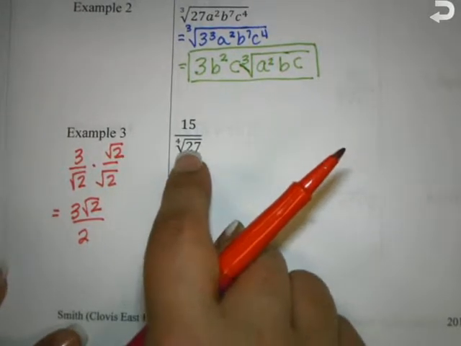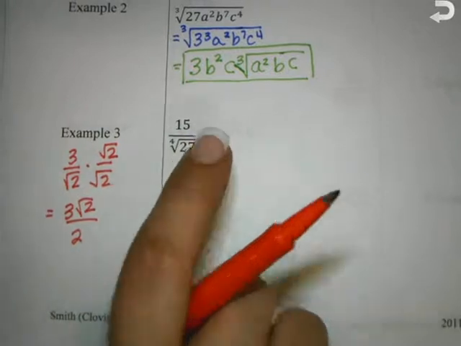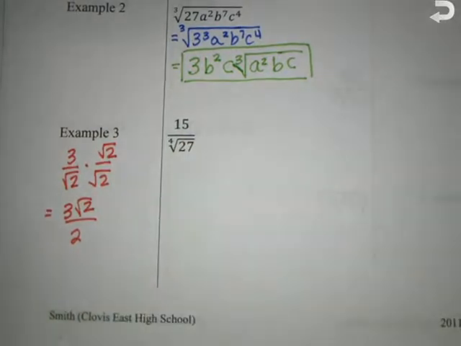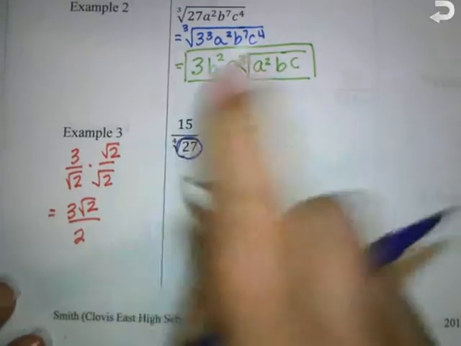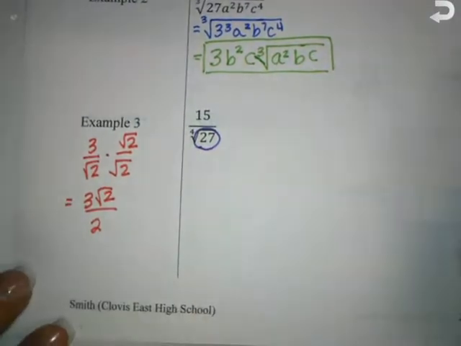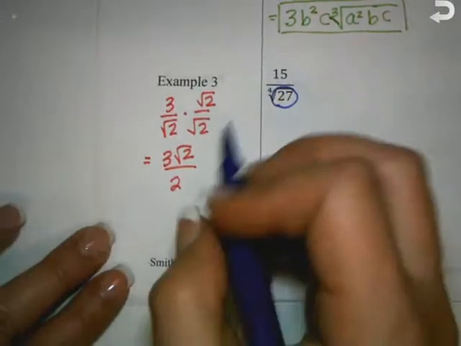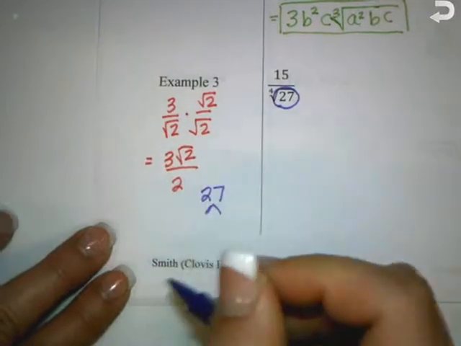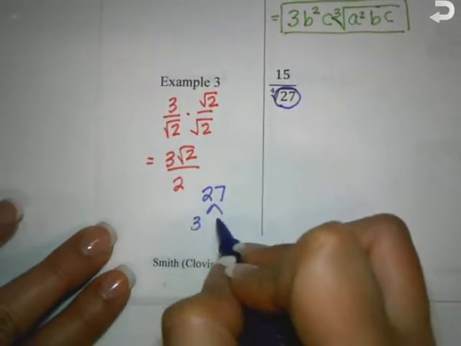So one thing that is going to be really helpful to us is to first factor out what's inside that root. So let's factor out 27 and see what happens. If I factor 27, I'm going to do it off to the side here. That gives me 3 times 9, and 9 is 3 times 3.